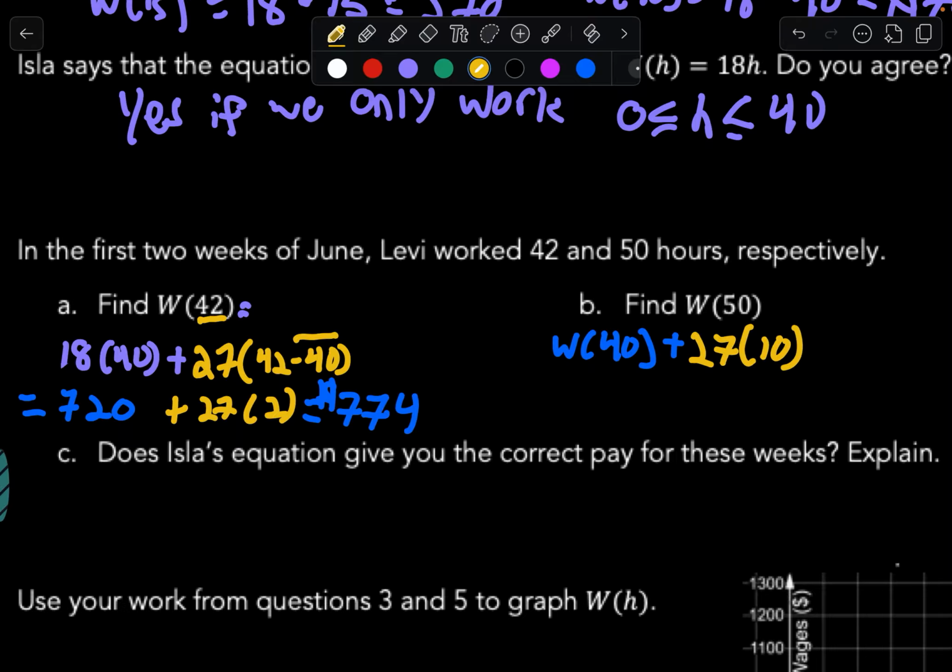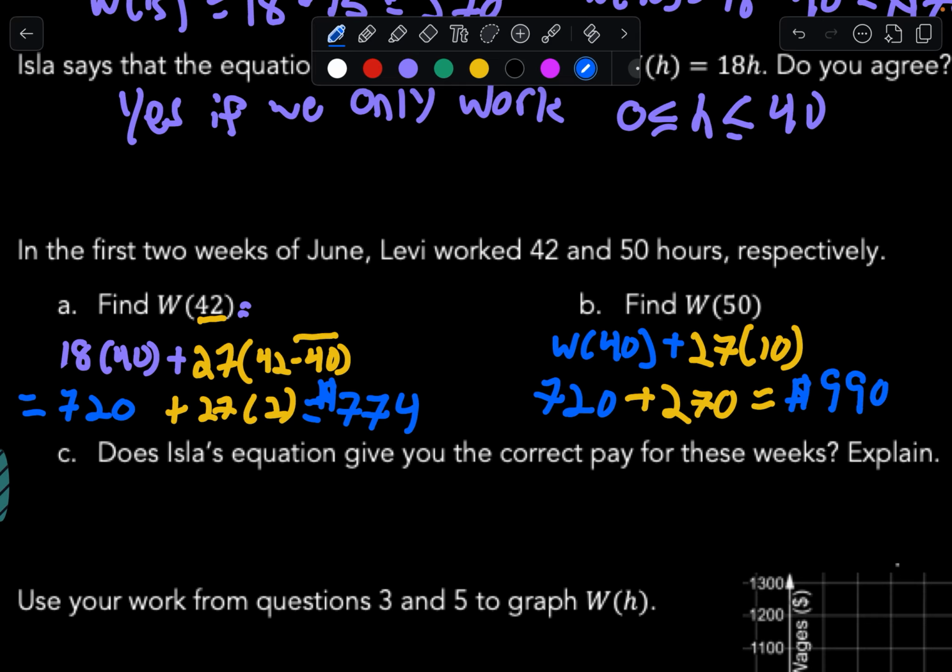So putting that together, we have 720, because W of 40 doesn't change, plus $270. And if you add that up, that's $990 that you would be paid for working a 50-hour week.